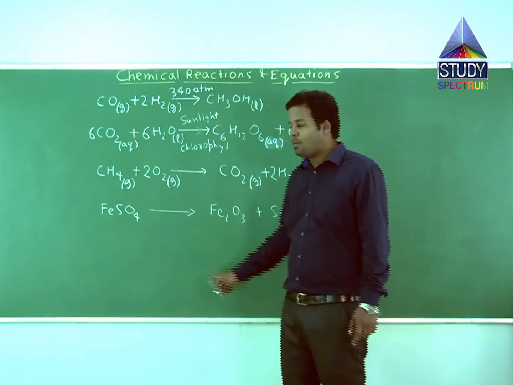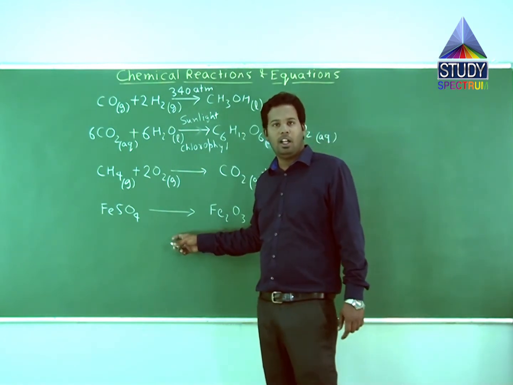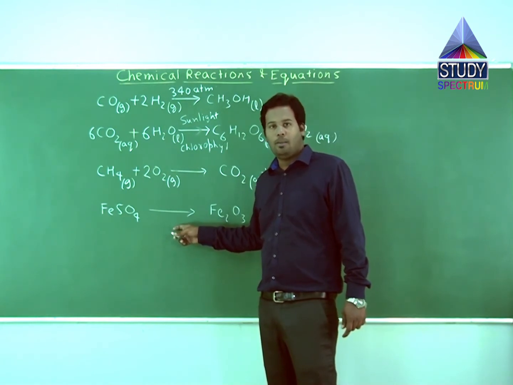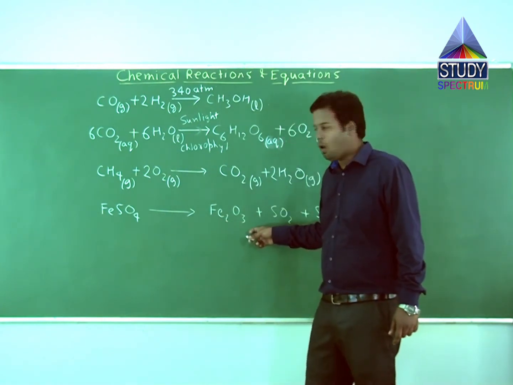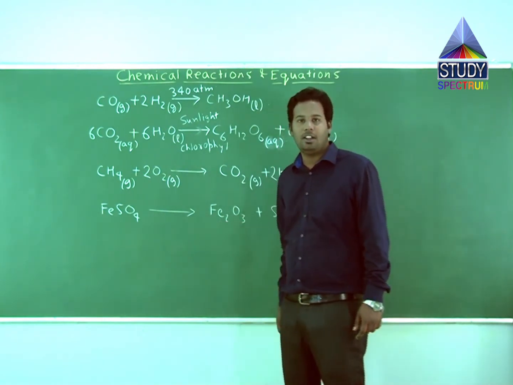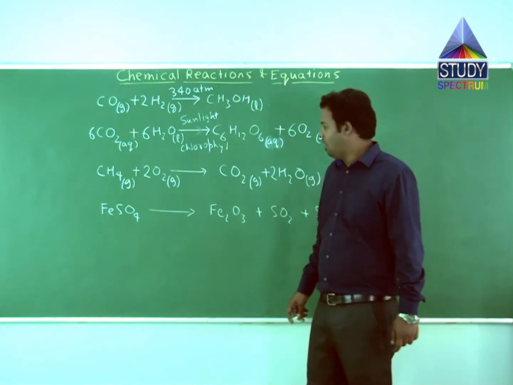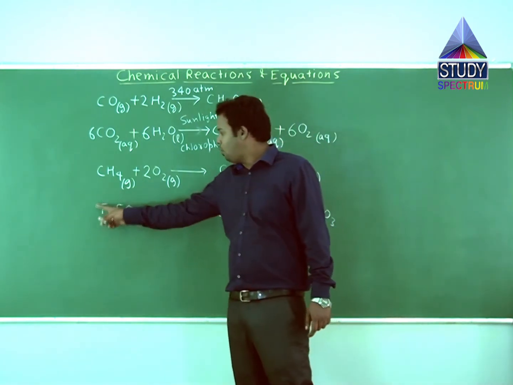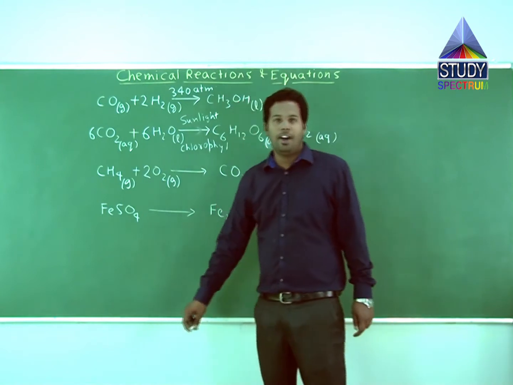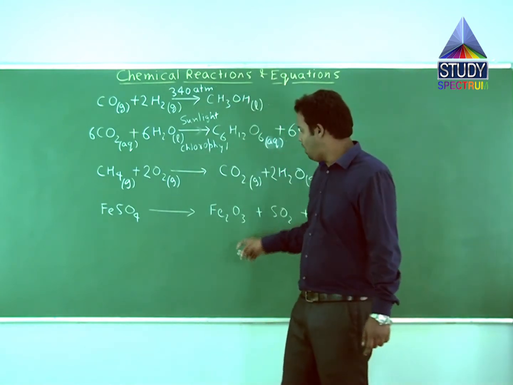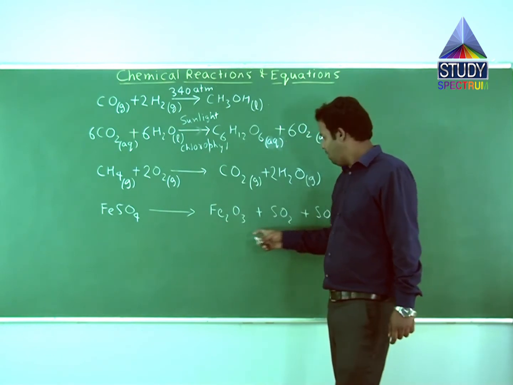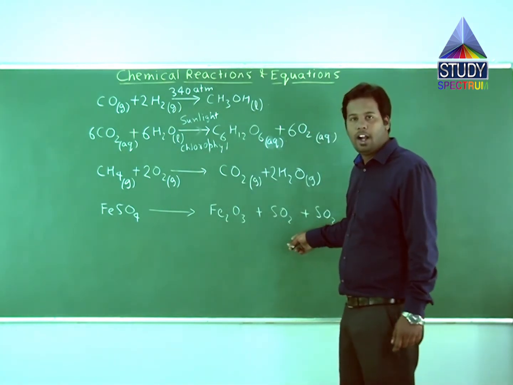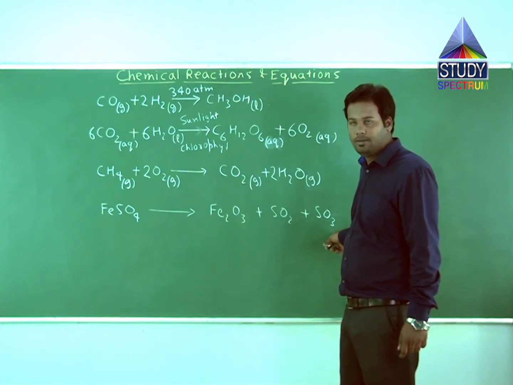Now let us talk about the fourth example, fourth chemical equation, and try to balance this equation also with the number of atoms of each element same in LHS and RHS, and also mention the physical state of each reactant and product. Now on the left hand side we have only one reactant, that is ferrous sulfate FeSO4. On the right hand side we have iron oxide Fe2O3, sulfur dioxide SO2, and sulfur trioxide SO3.